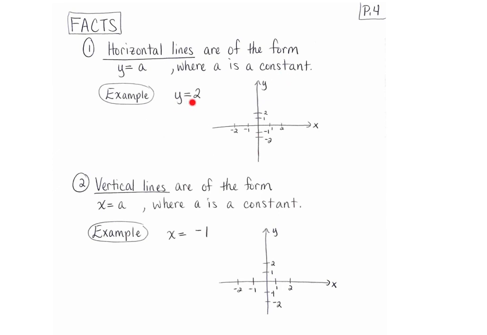For example, if we have y equals 2, that means we start at 0, go up to 2, and draw the horizontal line. So that's the horizontal line here. Vertical lines are of the form x equals a, where a is a constant. For this example, we have x equals negative 1. You start at 0, go to negative 1, and draw your vertical line. There you go.